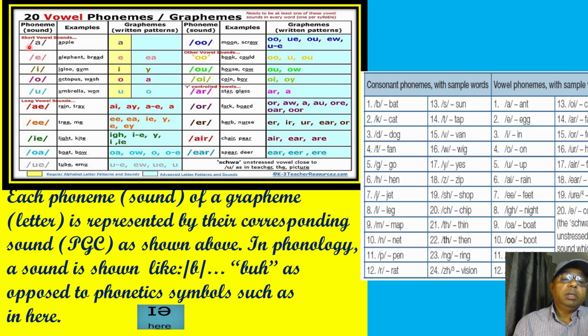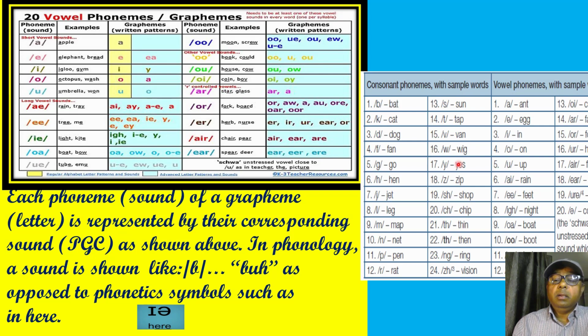That means it's a letter and it has got a sound. So this letter is A and the sound that it makes is A, like in apple. Then we have E for elephant, I for igloo, and O for octopus, like that.